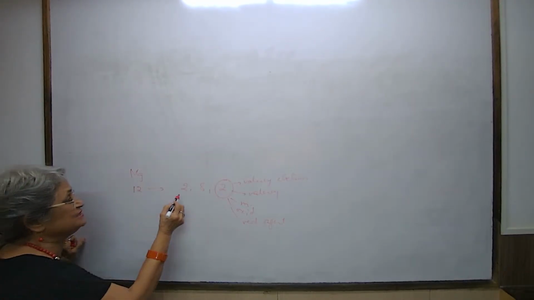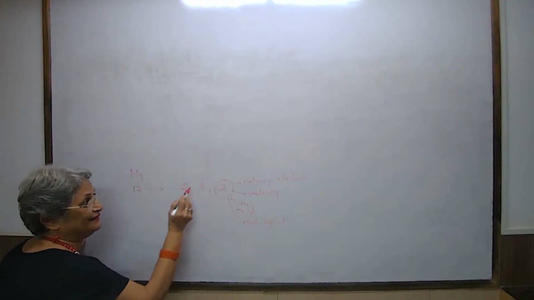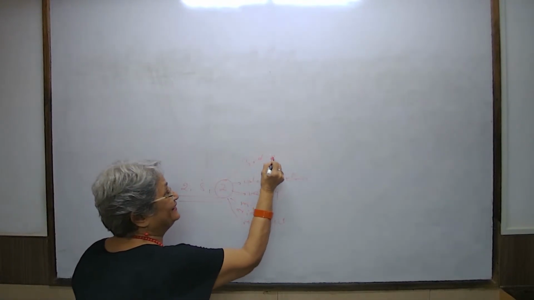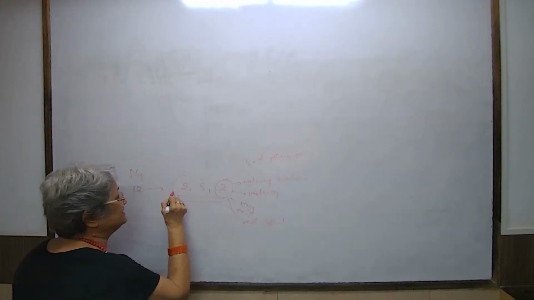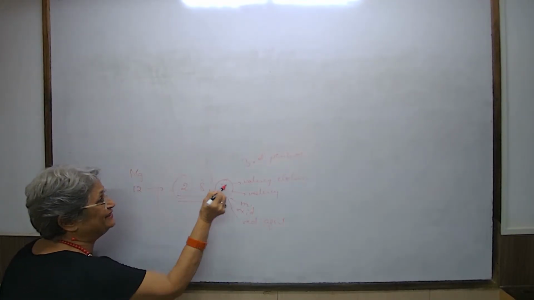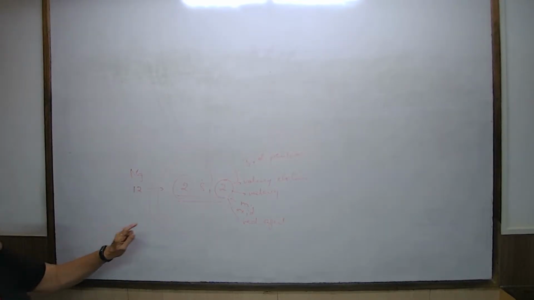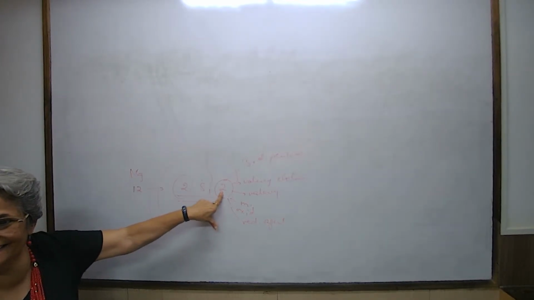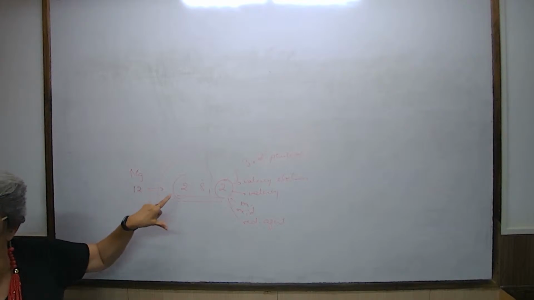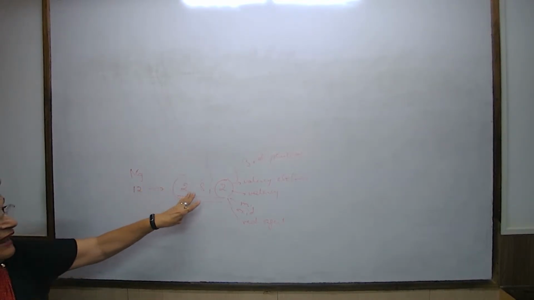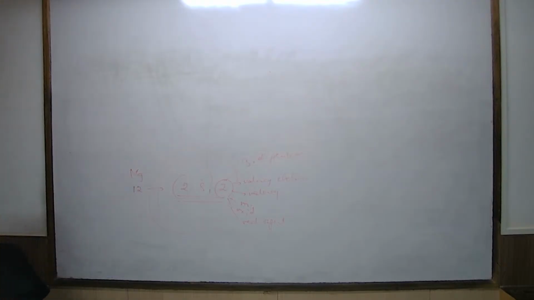Now, if this is 1, 2, and 3, and this is 3, this means third period. This is the first energy level, this is the second energy level, this is the third energy level. Yes or no? So that means this is the third period. This electronic configuration will tell you so much information when you write it correctly.